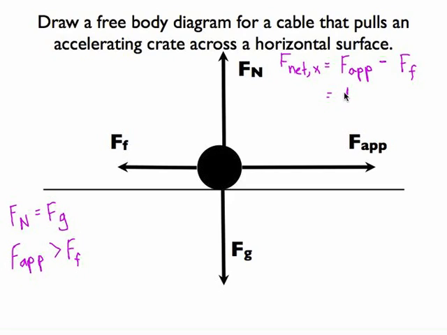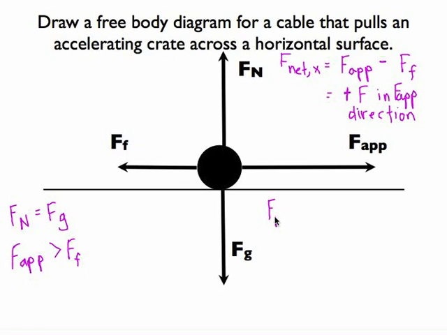So all we know is that we have some sort of force in the direction of the applied force. So on the x-axis, this object is not in equilibrium, and you can see that because this applied force arrow is longer than the frictional force arrow.